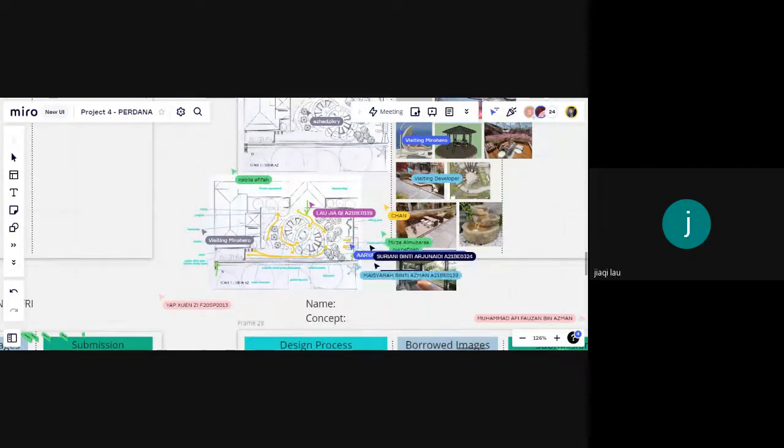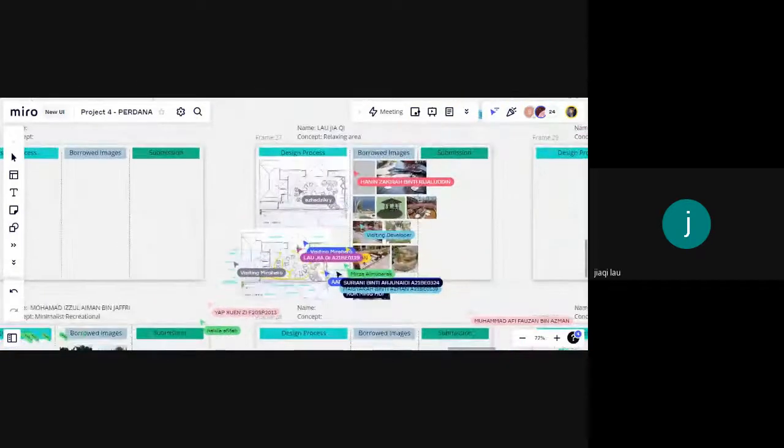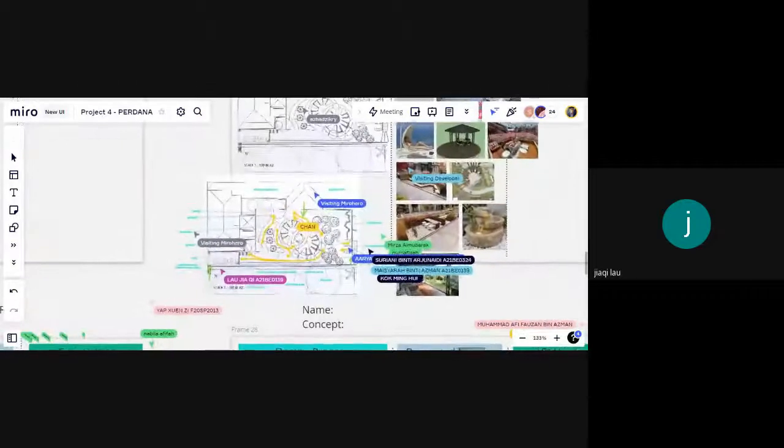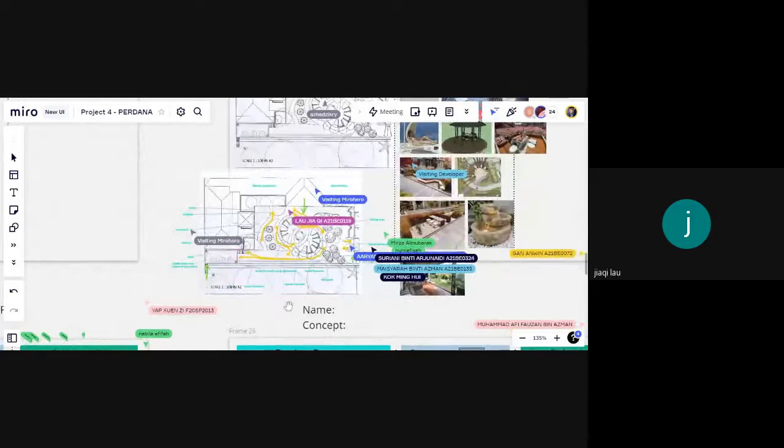Okay, so there are 3 entrances for entering this garden. The main entrance here, and the right hand side one from the outside, and here from the river. So that means all the people can go to the river through here.